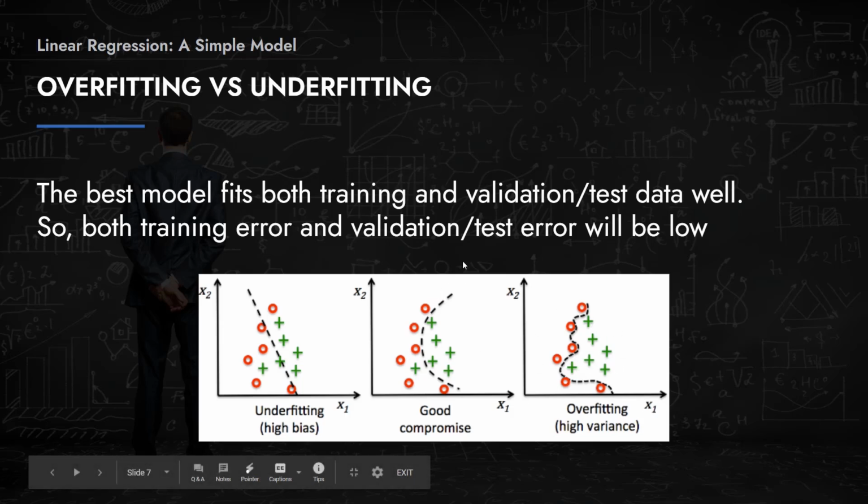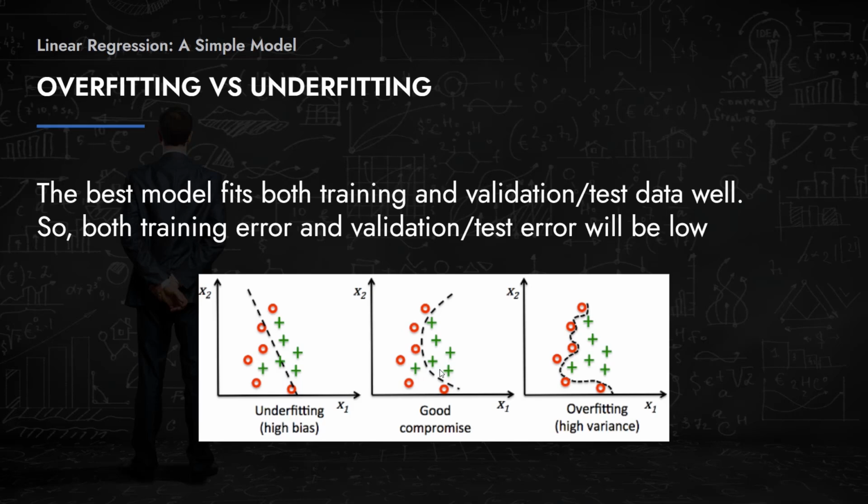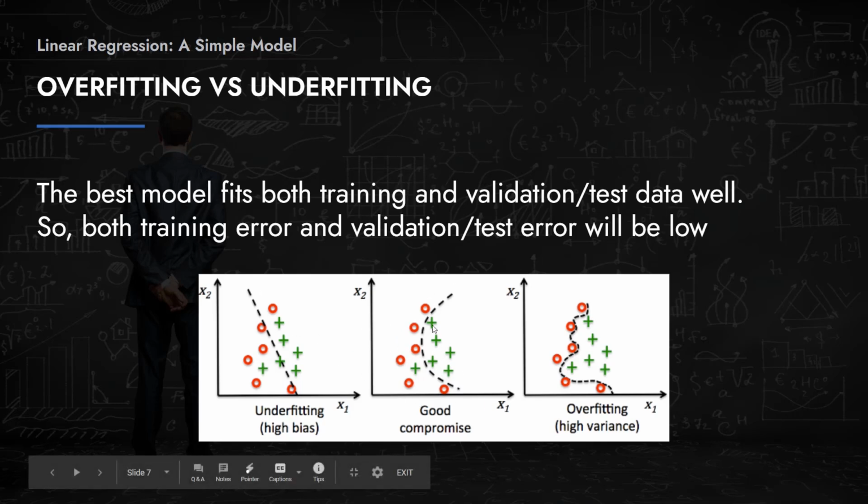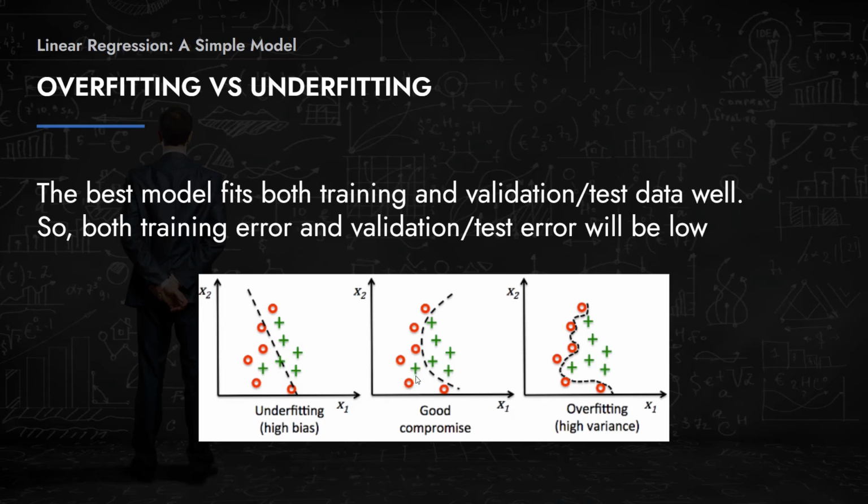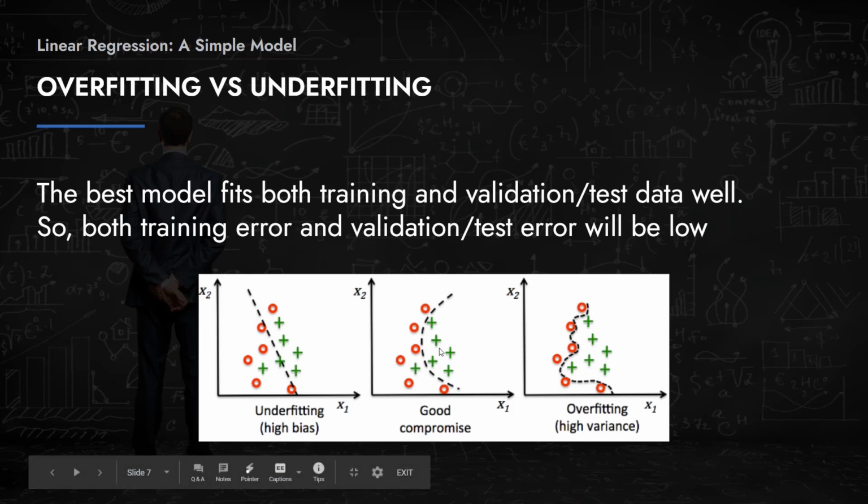So here we have a more general model compared to this one, but it's more accurate, more precise, more complex than this one. So it's a nice, sweet middle ground. So there is error, right? This green plus sign does fall outside of the model. So there is definitely error, but it's smaller than this error here.